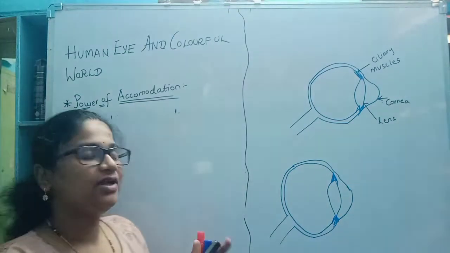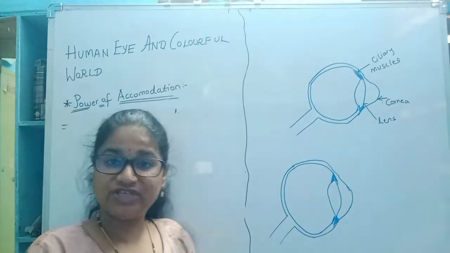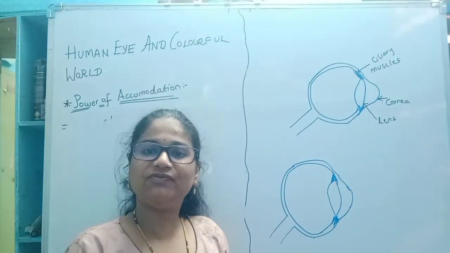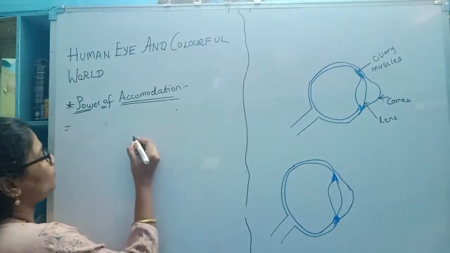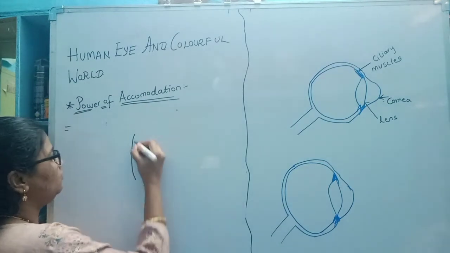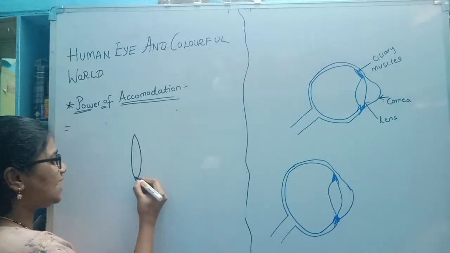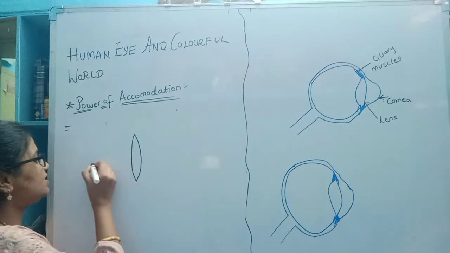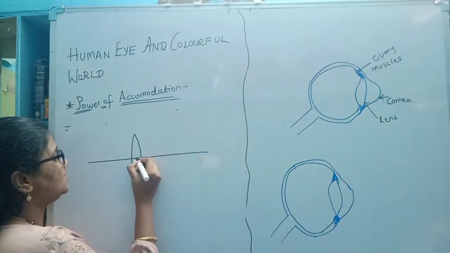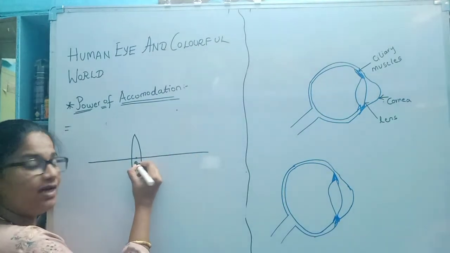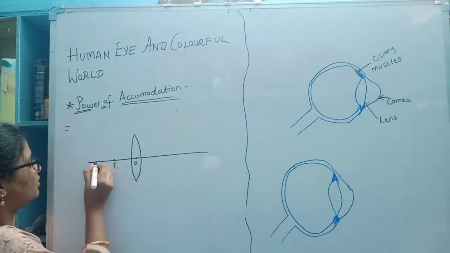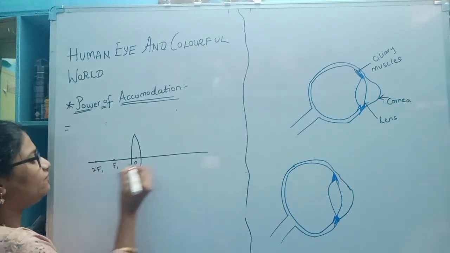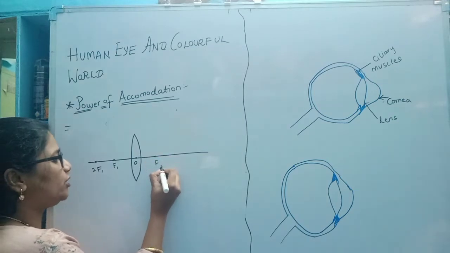Before that, in the previous chapter, we learned about the convex lens and the different cases of the convex lens. Let us consider this as the optic center, and here we have the focal lengths 2F1, F1, F2, 2F2.